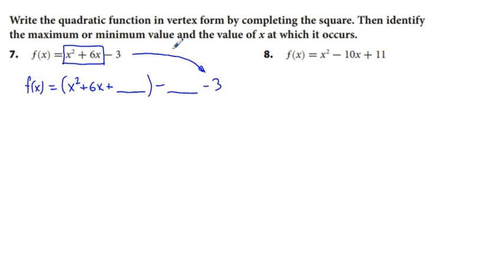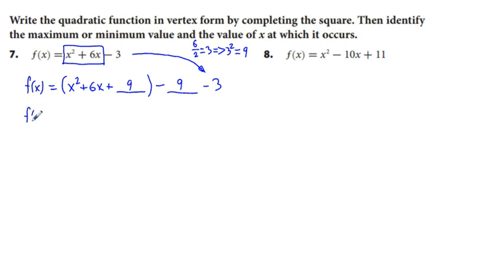So what we do is we take that middle term of 6x and take its coefficient 6, divide that by 2, and we get 3. And then we take that 3 and square it to get 9. So 9 is what we have to add to x squared and 6x to make a perfect square out of it. And having added that 9 inside the parentheses, we're going to have to subtract that 9 again outside the parentheses to keep this equation balanced on the right side.